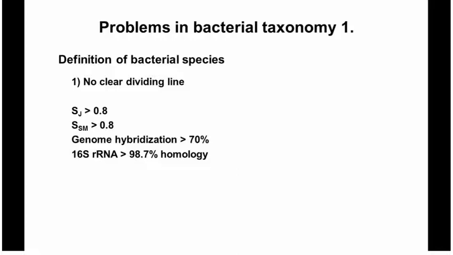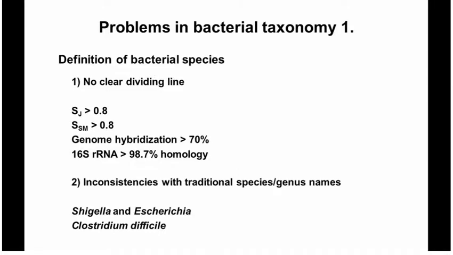For genome hybridization, the idea is if you've got more than 70% hybridization, they're the same species. For 16S rRNA sequencing, you could propose a dividing line, but there's always going to be some kind of limiting case where it's very, very close, and it's not going to be easy to determine whether you've got two bacteria that are the same species or slightly different.